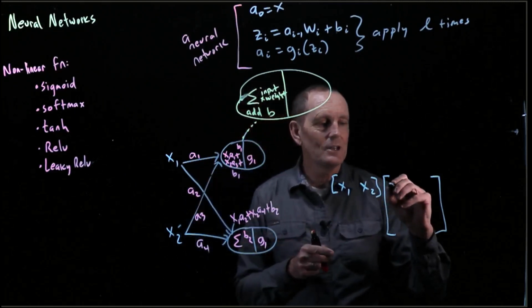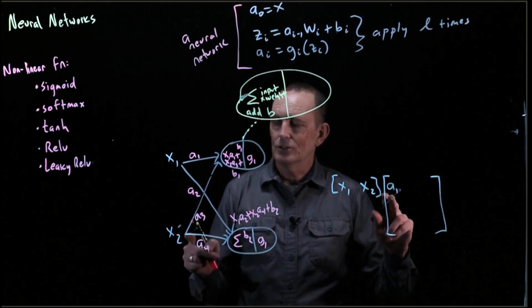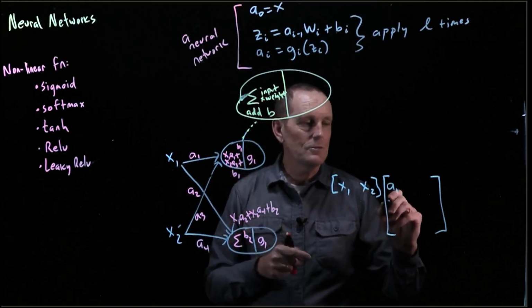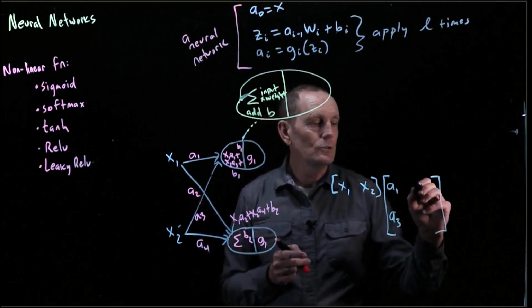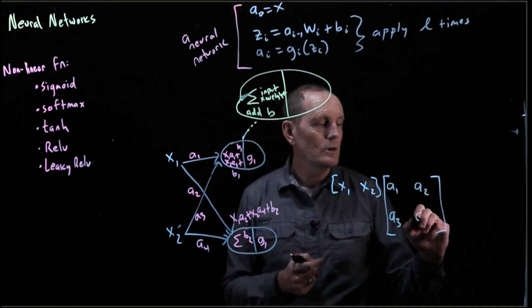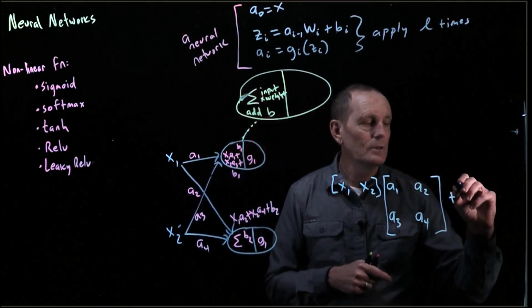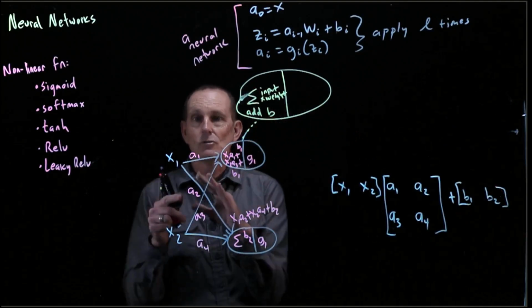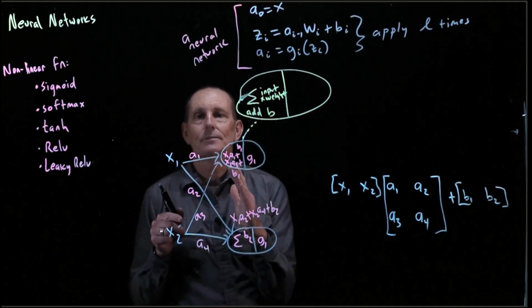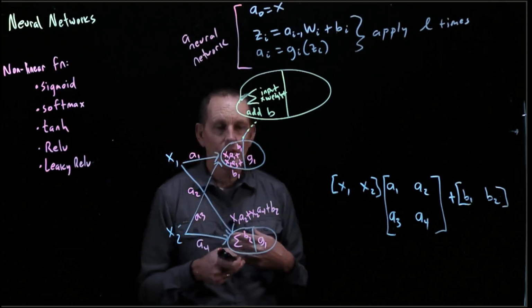So it's x1 times a1 plus x2 a3 and x1 a2 plus x2 a4, and then we add in b1 and b2. So what we do in this picture is just unroll the entire matrix multiplication. To my mind, in some ways, we're really obscuring it.